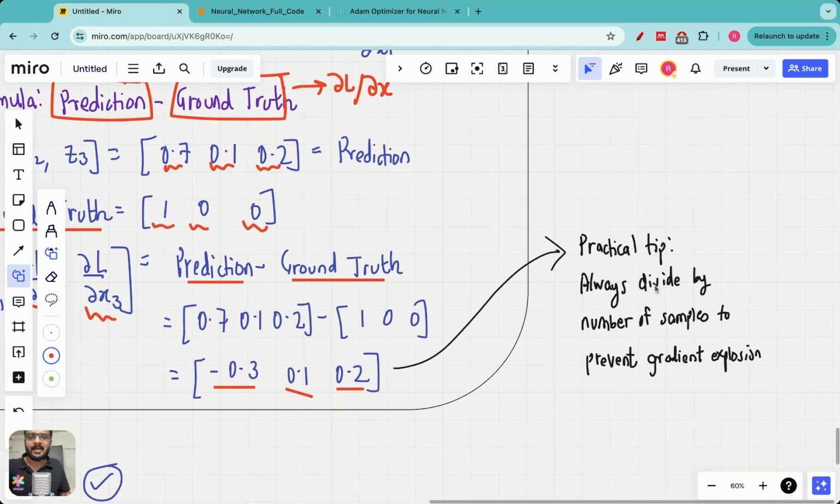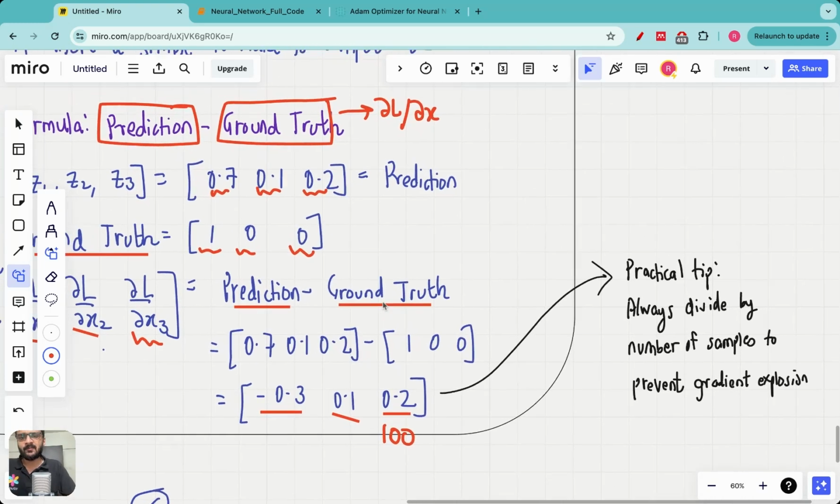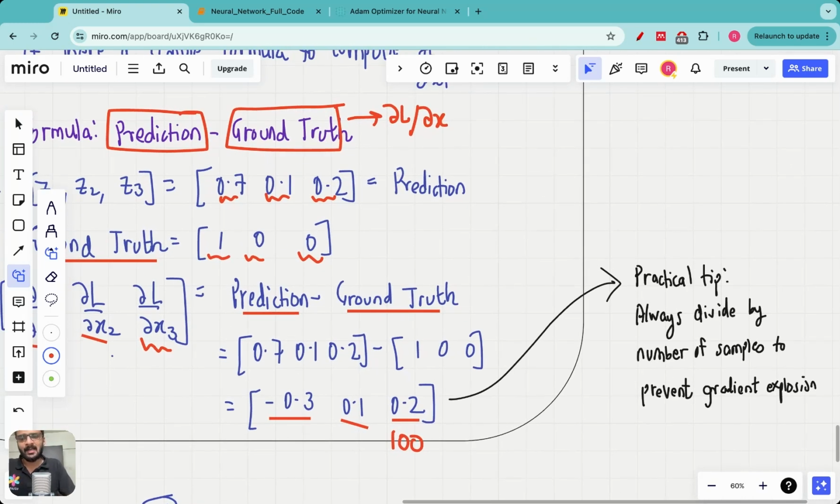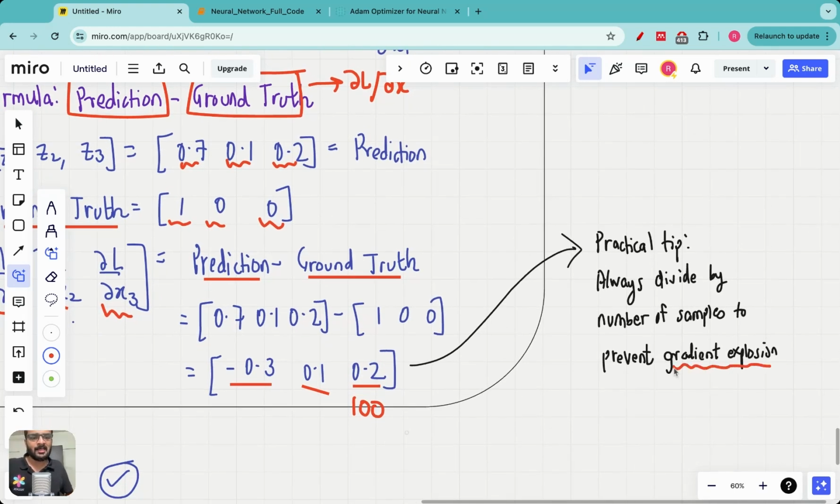And remember that in practice we'll always be dividing the partial derivatives by the number of samples. Right now this is just for one batch, but later if we do it for 100 batch samples, we'll be dividing each of these by 100. The reason is that these partial derivatives will be used in gradient computations, right? So if we do not do this division by 100, the gradients just get added for different batches, and that may lead to a huge gradient value, which is sometimes also called gradient explosion.